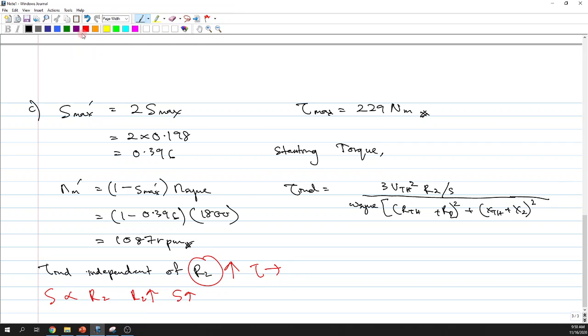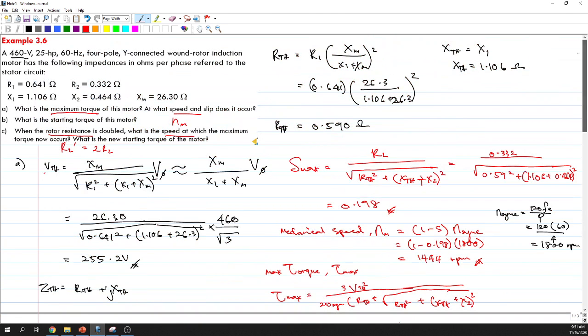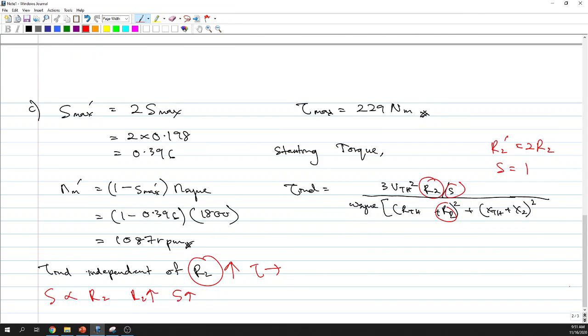So you can see from here there is an R2 and also the S. So S equal to 1. So R2 prime is equal to 2R2. The value of R2 from the equation is 0.332, so for the new one it is 0.664 ohm.